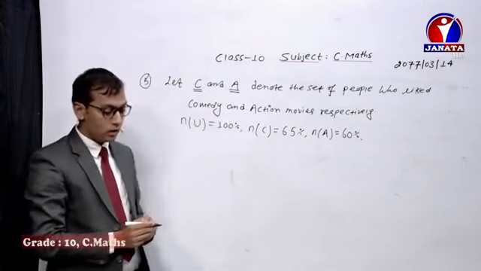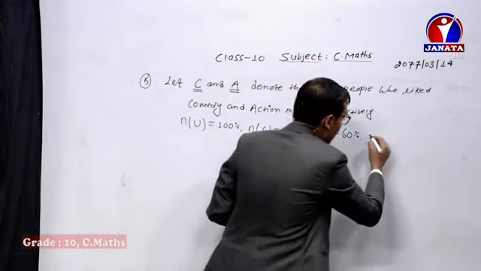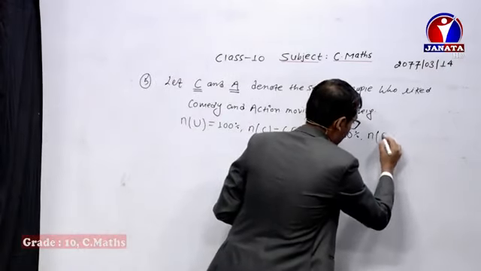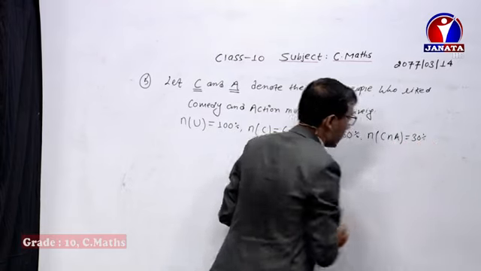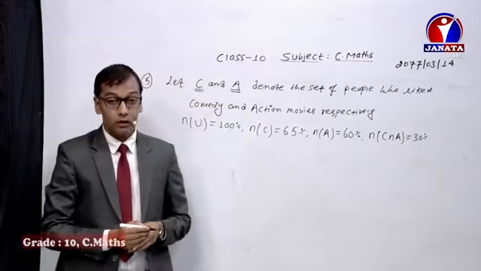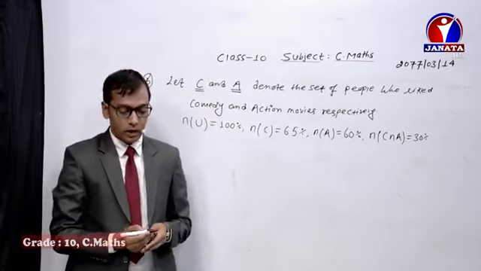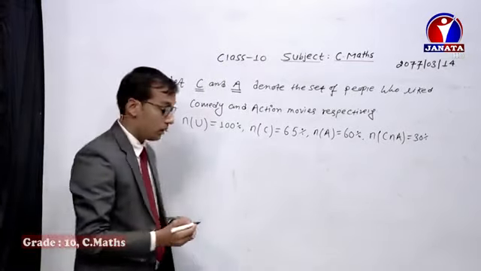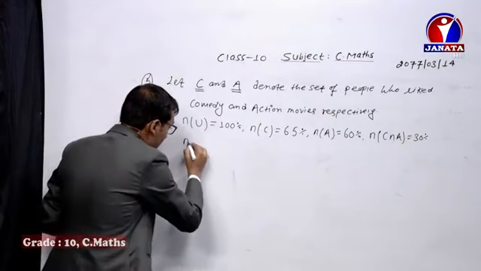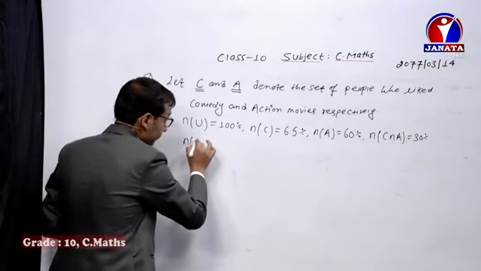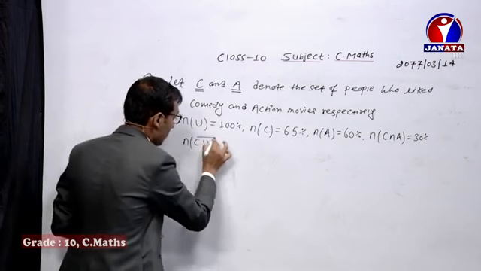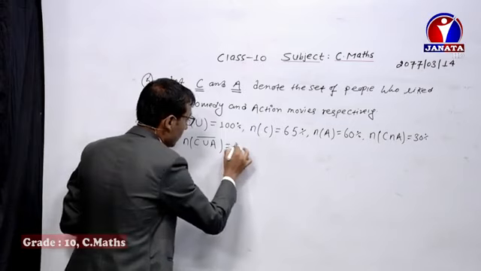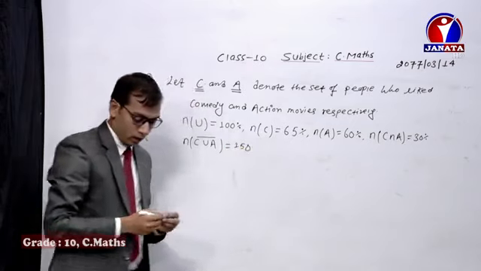And 30% liked both types of movies, so n(C intersection A) is 30%. And the complement, in number, is 150 people who did not like either. So n((C union A) complement) is 150.